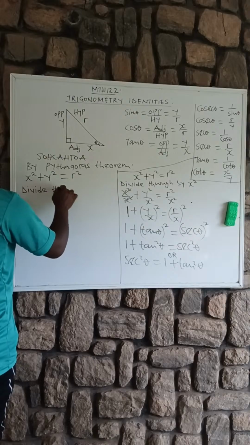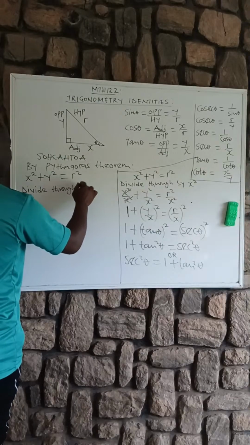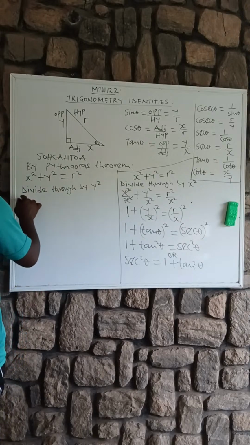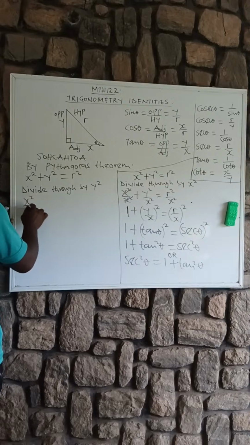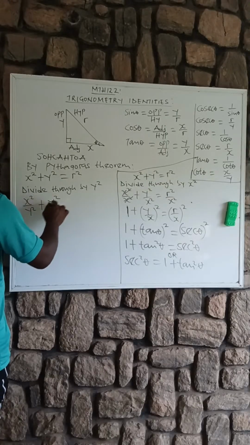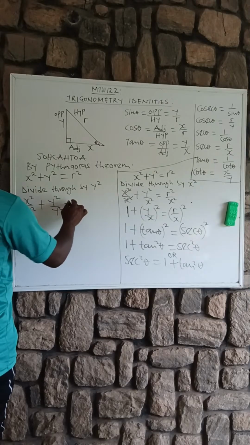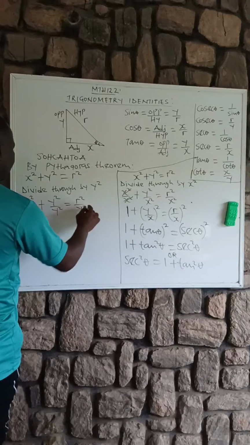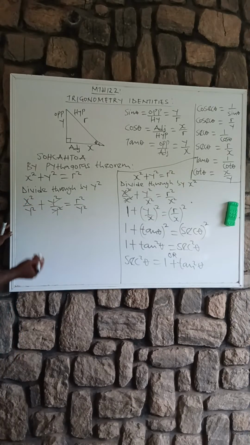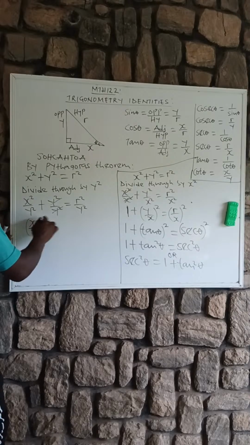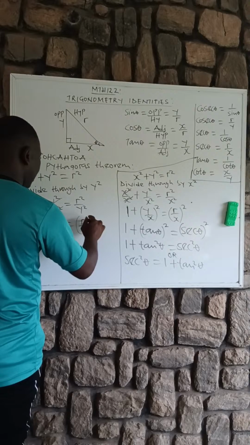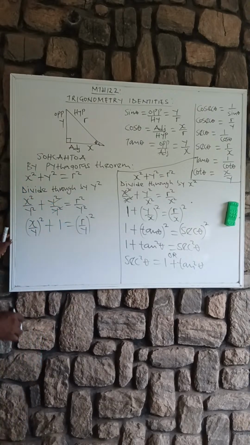So if you agree with me, it means x squared over y squared plus y squared over y squared equals r squared over y squared. So this counts as 1, right? So this is (x over y) all squared plus 1 equals (r over y) all squared. So can you see now?